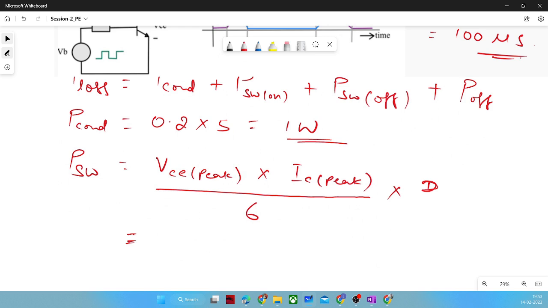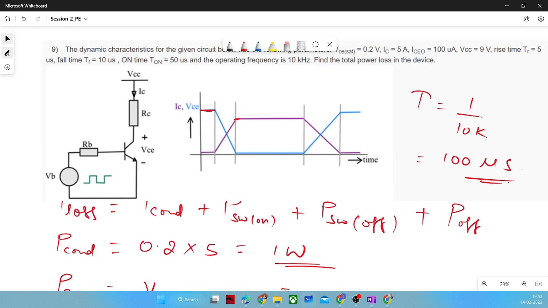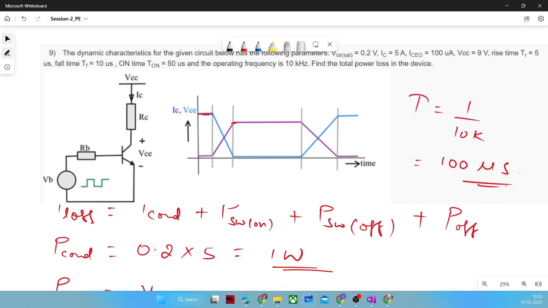So VCE peak was, VCC is given. It will be peak when the switch is off. So all the voltage across VCC will come down to VCE, since no drop will occur across the collector resistance. So VCE peak will be equal to VCC, which is given in the problem, that is 9 volt.